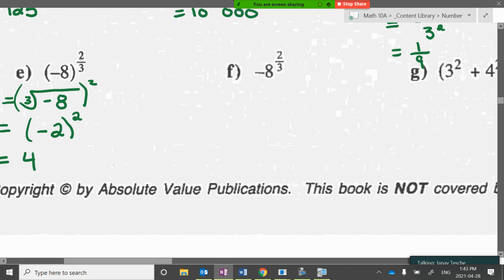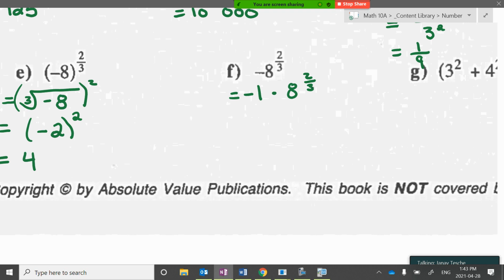On F, I would think of this as really saying -1 times 8 to the power of 2/3, because that negative is not included in the exponent. Rewriting it with the 1 is a placeholder for your mind not to get tricked into including it.